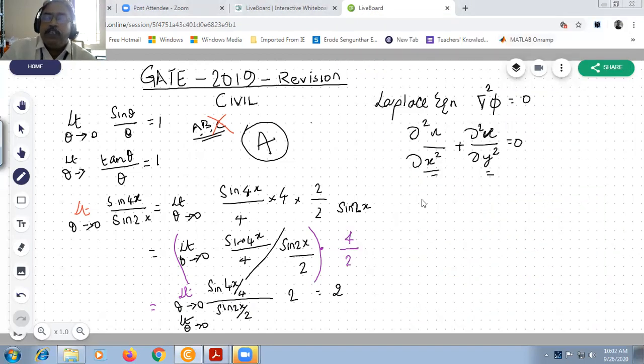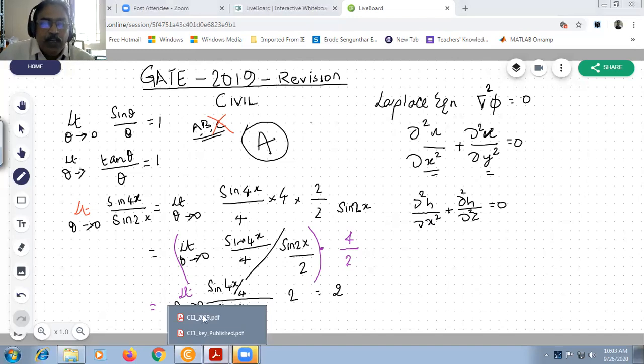So h is the function: del square h by del x square plus del square h by del z square, the hydraulic head along the x direction and the z direction, is equal to 0, which is the answer.